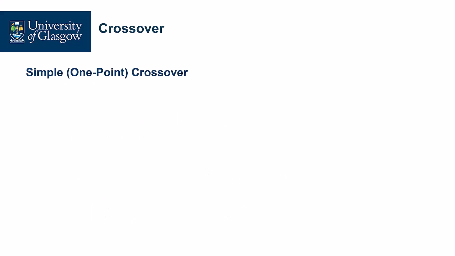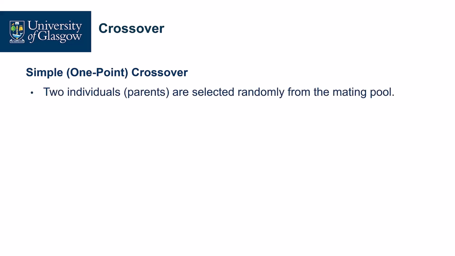We can summarize the single point crossover in 3 steps. Step 1, we randomly select 2 individuals from the mating pool. In this step, we have 2 parent solutions. The next step is to randomly select a crossover site.